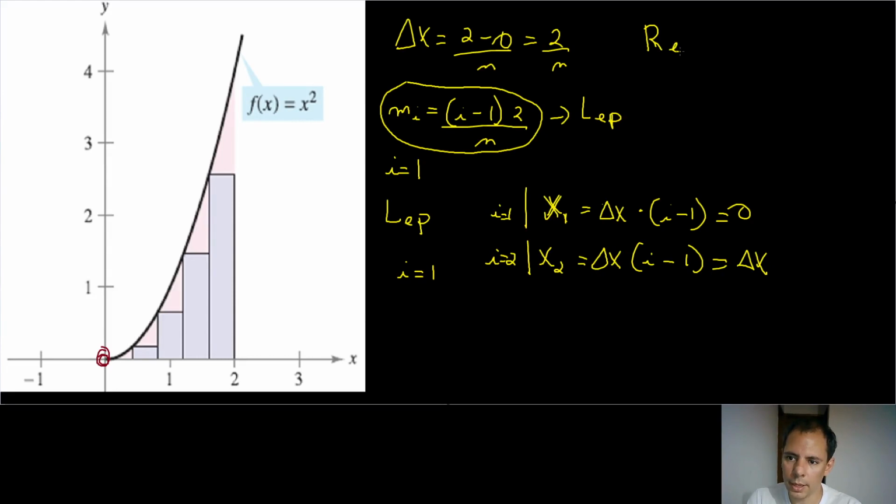For the right-hand point, I'm going to do this here to get a little bit more organized. It's going to be 2 divided by n, which is delta x, but this time it's times I, not times I minus 1.